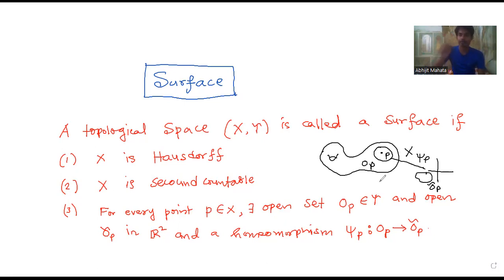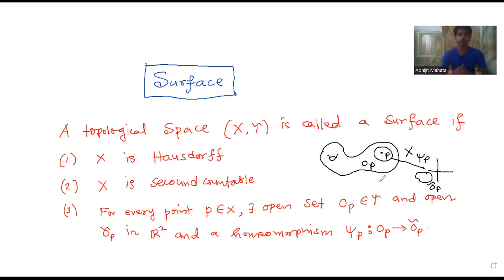In real life we can realize this because we are living on the earth, and if you look at your neighborhood, it looks like a plane. So all the time we do plane geometry for our working purposes. But if you look at the global picture, plane geometry will not work. So a surface means locally it looks like a plane, or an open subset of R2, you can say that.